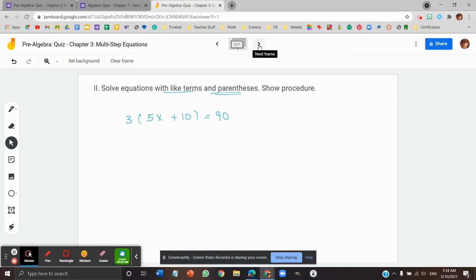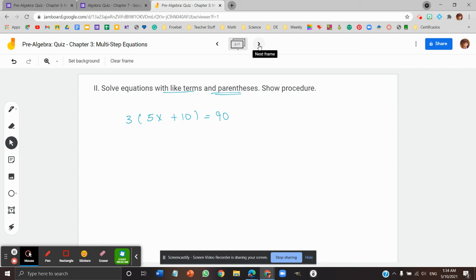Well, now I have parentheses, and I'm going to try to simplify as best as I can both sides of my equation before I can solve for x. So the first thing I do is look inside that parentheses. Is there anything I can solve? Well, I have a 5x plus 10. They're different terms, therefore I cannot add them.